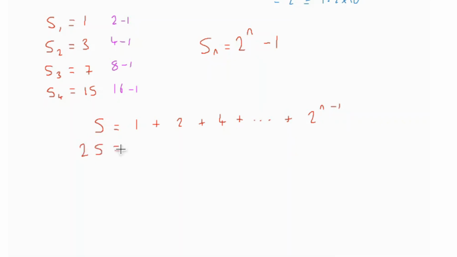I'm going to write 2S. So 1 multiplied by 2 is going to be 2. 2 multiplied by 2 is going to be 4. 4 multiplied by 2 is going to be 8. And this is going to carry on going. Something multiplied by 2 is going to be 2 to the n minus 1. And 2 to the n minus 1 multiplied by 2 is 2 to the power of n.